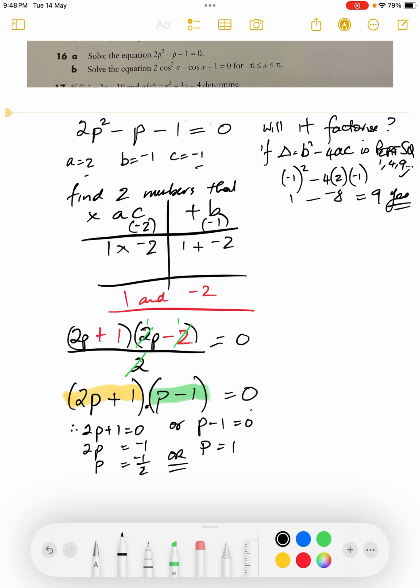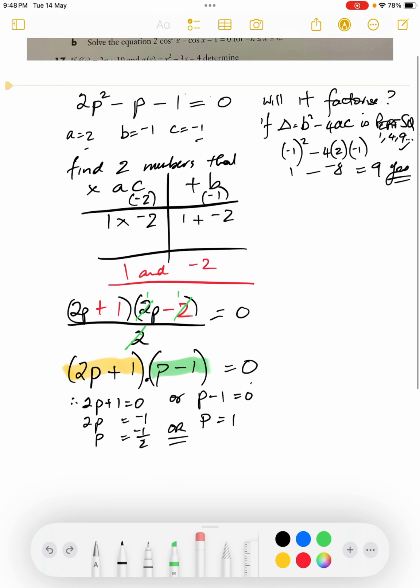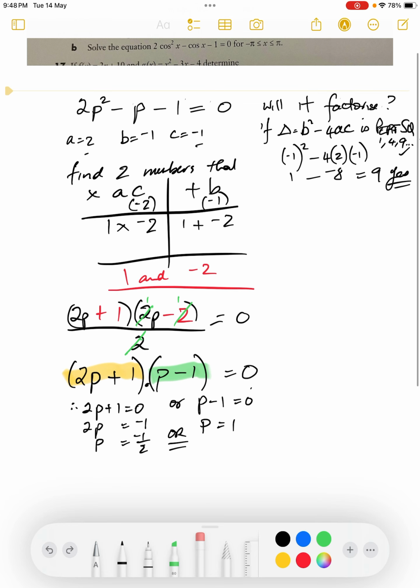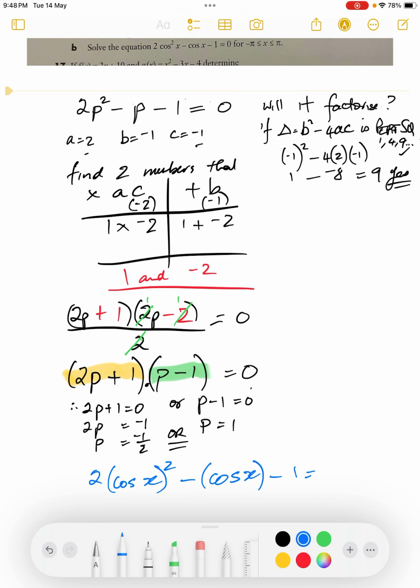Part B. Well, this is very interesting because part B has almost the same quadratic, but this time it says instead of 2p squared, it's 2 cos x squared, and that's the same as 2 cos squared x, minus, and instead of p, we've got minus cos x, and we've still got a minus 1 equals 0.